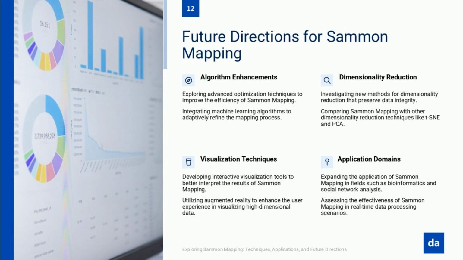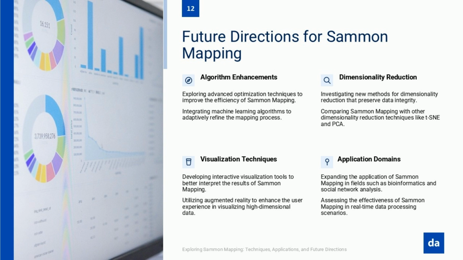While Sammon mapping faces several challenges, the future holds promising opportunities for improving and expanding its applications. Researchers are actively working on refining the algorithm, making it more scalable and efficient for large datasets, and integrating it with modern machine learning techniques. One of the most exciting areas of development is hybrid approaches.